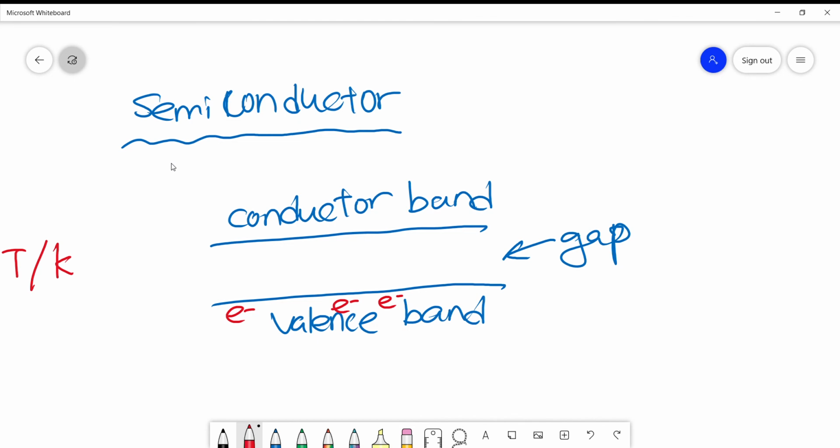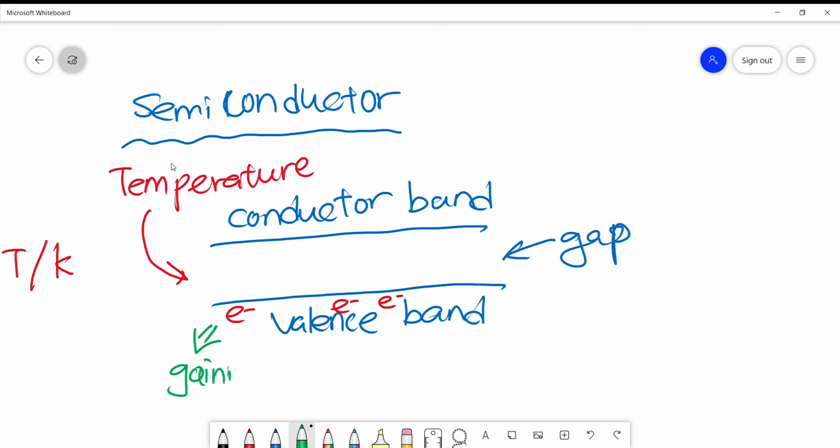So what we need to do is actually supply the temperature. When the temperature is supplied and the electron gains energy, the electron will eventually jump from the valence band to the conduction band.